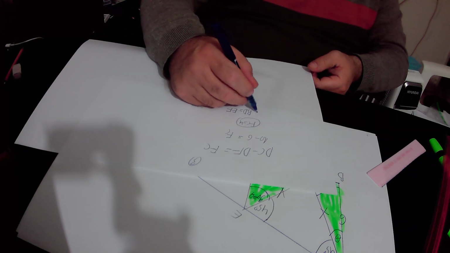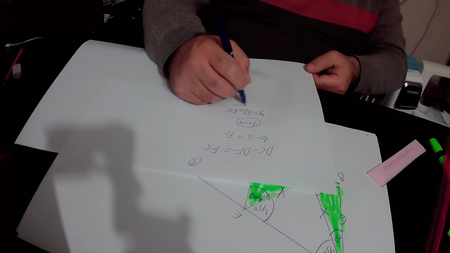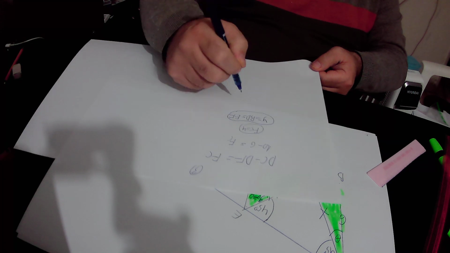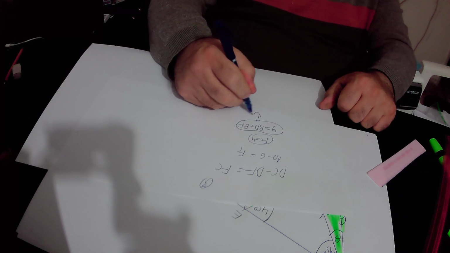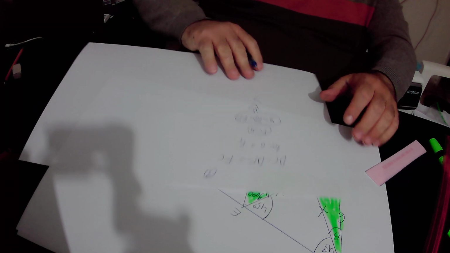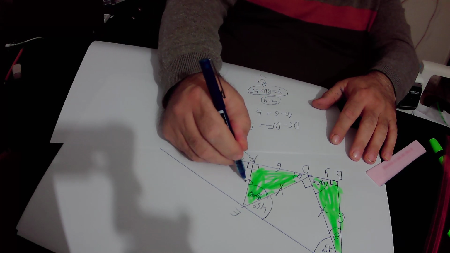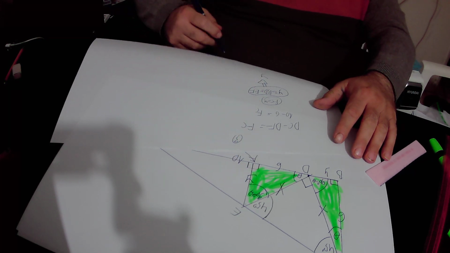But BD equals y according to our definition, so from this equation, y equals BD equals EF, we derive that EF is also equal to y. EF equals y.